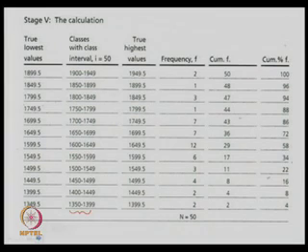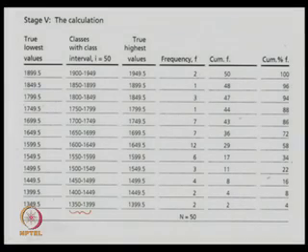Now, the calculation. First, I will discuss this table and then we will go for its description. This is the original class, minus 0.5 plus 0.5, this is the true lower value, this is the true higher value, this is the original frequency as we have seen earlier, in this class 2, 4 like this way.